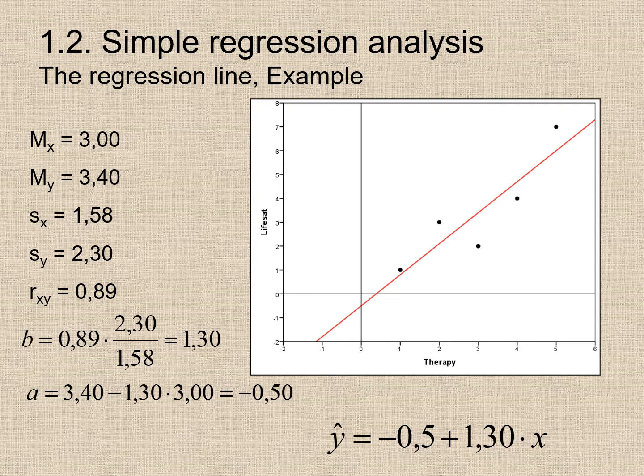Yes, imagine we had one individual here with 0 therapy. And this person would have, let's say, 1 in life satisfaction. There's a dot. How would it affect our regression line? It would probably make the slope lower.